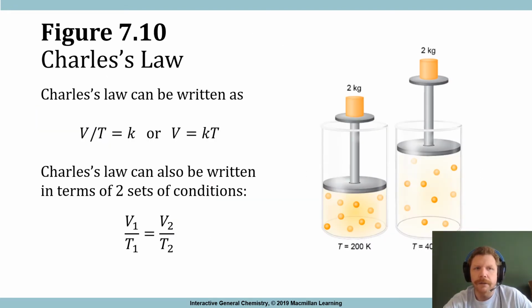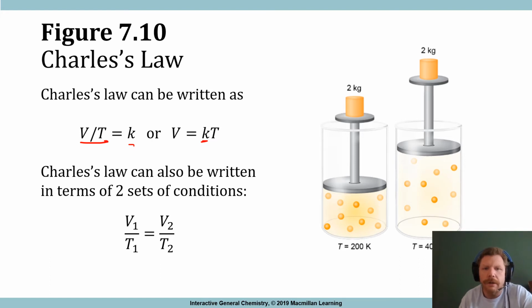So we see Charles's law, and we can write it as V over T is equal to a constant. That's what we saw when we looked at the ratio of volume over temperature in the previous slide. So V over T equals K, or you can manipulate that to say V, volume, is equal to our constant times the temperature.